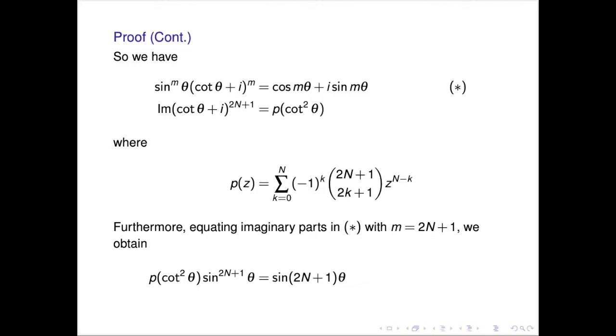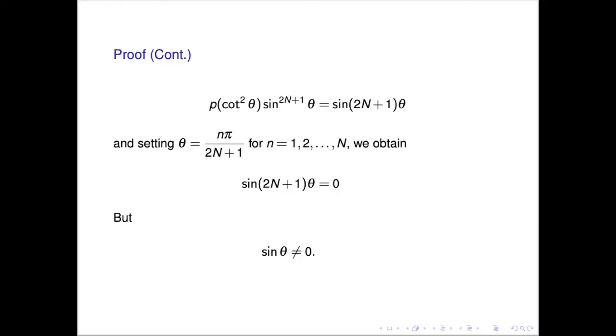P is the polynomial that we had defined earlier, namely the sum as k goes from 0 to n of (−1)^k times (2n+1 choose 2k+1) times z^(n−k). This relation that we have now derived holds true as long as sin θ is not 0 itself.